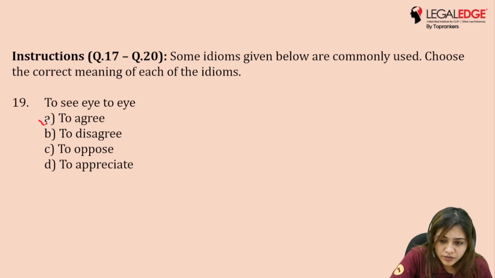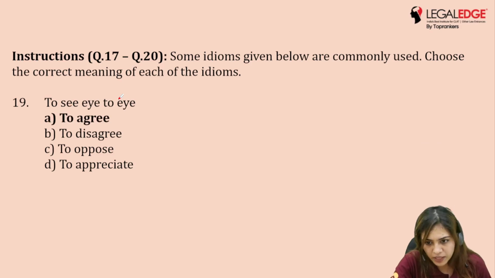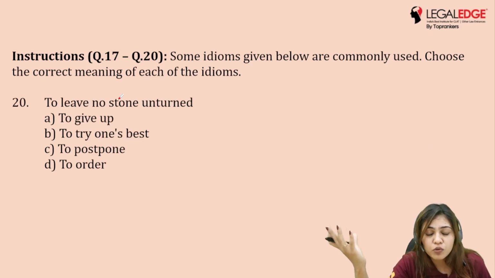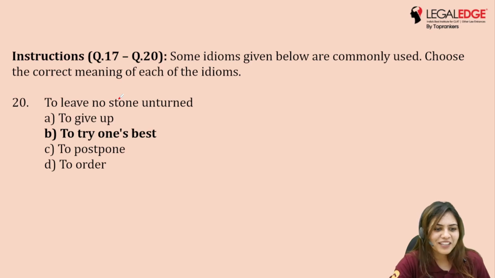To agree on something, and to not see eye to eye means to disagree. ठीक है? To oppose तो बिल्कुल नहीं होगा eye to eye. To appreciate भी नहीं होगा, क्योंकि यहाँ पे कुछ appreciation के बारे में बात नहीं हो रही है. इसका मतलब ये होता है कि किसी issue पे हमारे same views हैं. That is to agree. To leave no stone unturned. For example, right now you guys are leaving no stone unturned to crack these examinations, to crack OLETs, right? इसका मतलब क्या है? You are trying your best, you are giving your best, and that is option B.